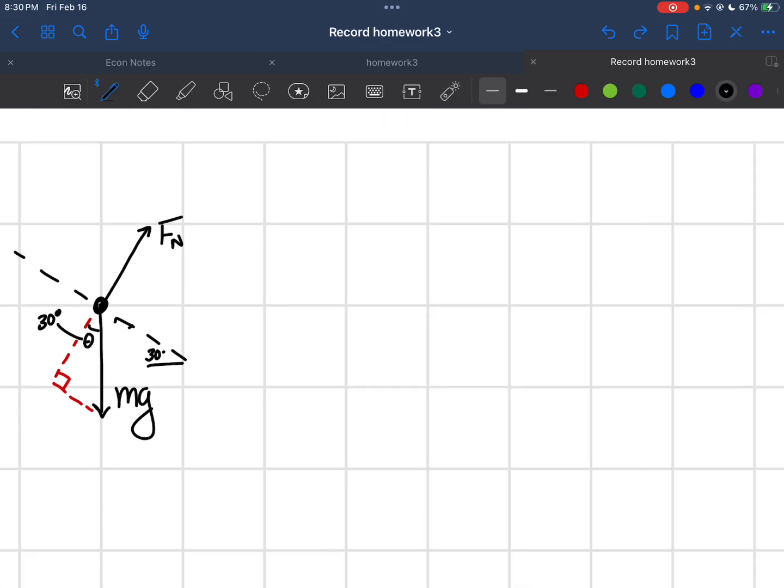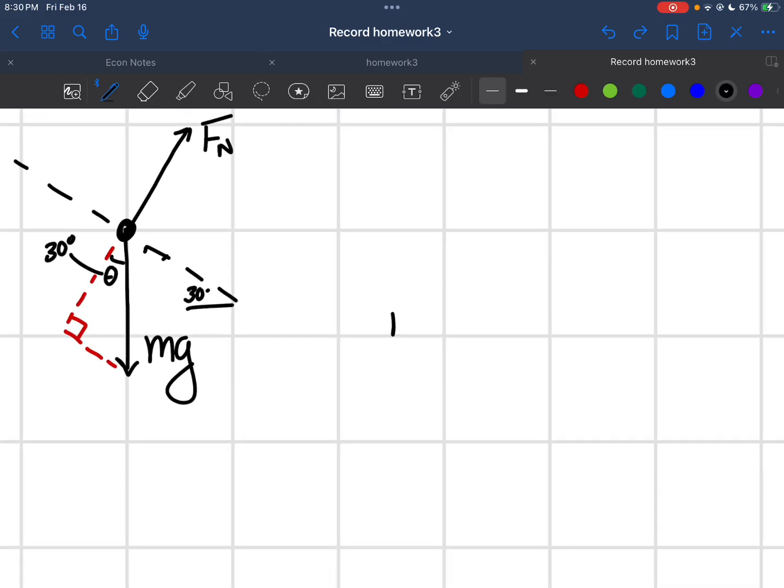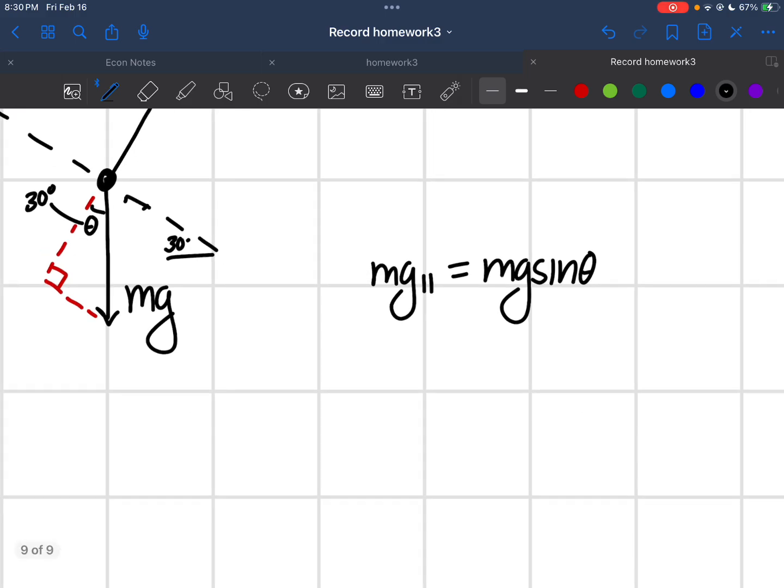So when I come over and I say my mg in the parallel direction, which again is this direction, that's going to be opposite to my theta. I'm going to say that that's going to be mg sine theta. And my perpendicular component is adjacent, so my mg perpendicular is mg cos theta.